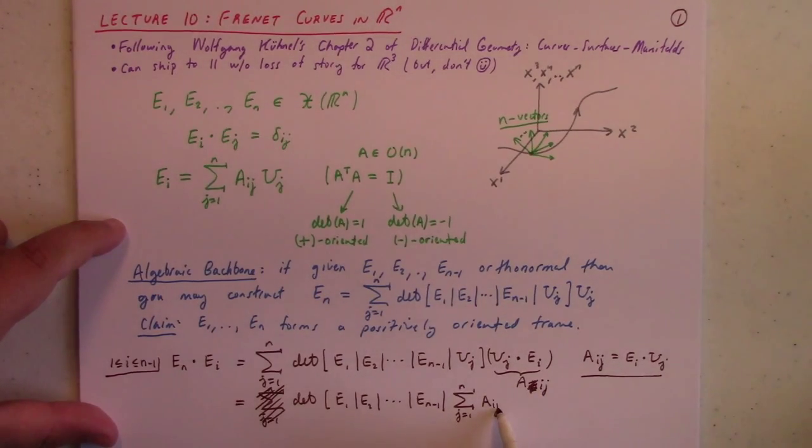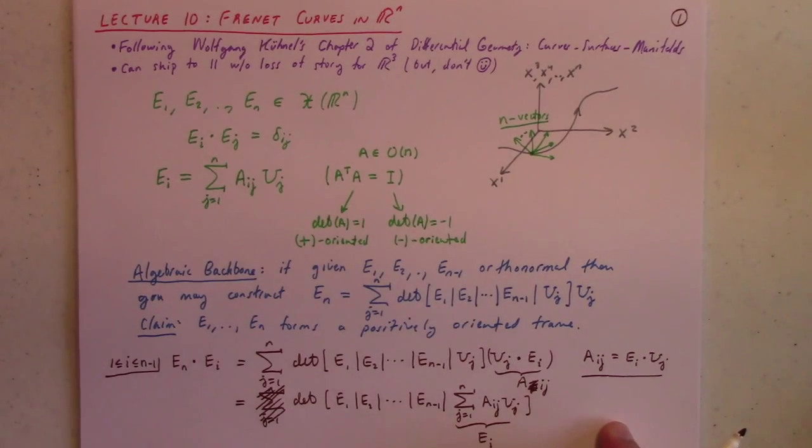So aij uj, aha, but this is precisely ei. All right, by definition of the attitude matrix, or to be more precise, it's the column vector corresponding to ei in the standard basis, all right? But ei is also in this list, so you have repeated columns, therefore the determinant is 0.